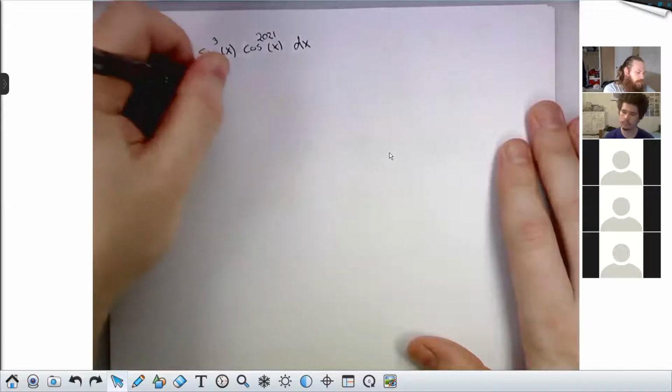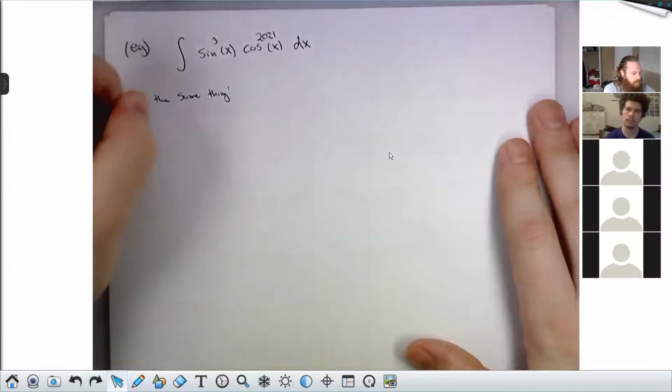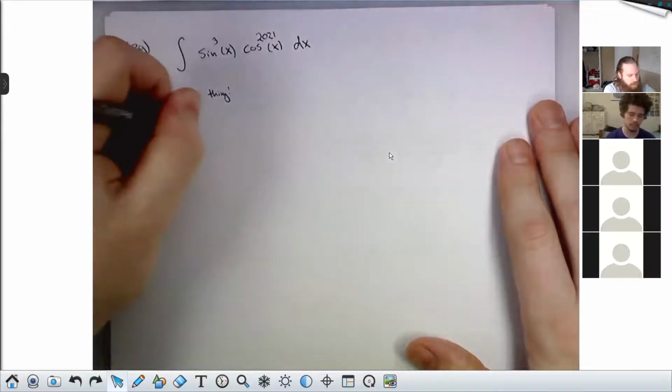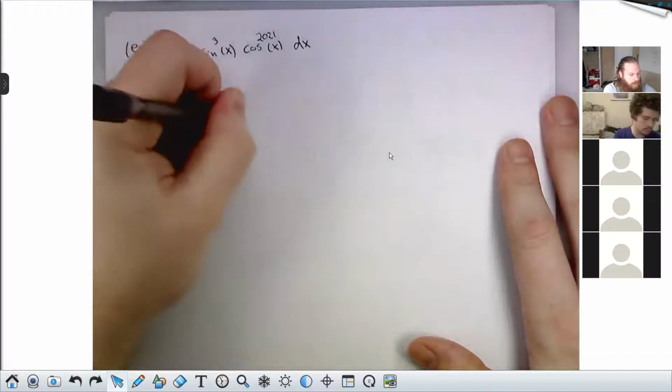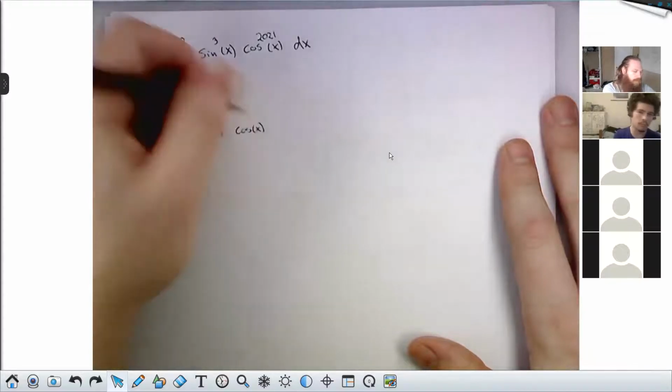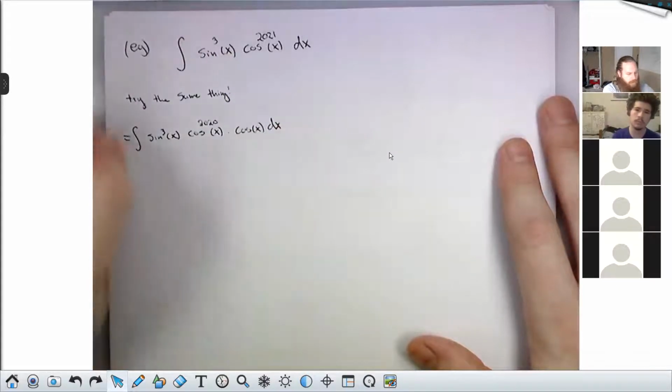Let's try the same thing. So I'd say, okay, this is integral sine cubed x times, I'll split up the odd power of cosine as 2020 and 1. And this sets me up for the substitution z equals sine x.